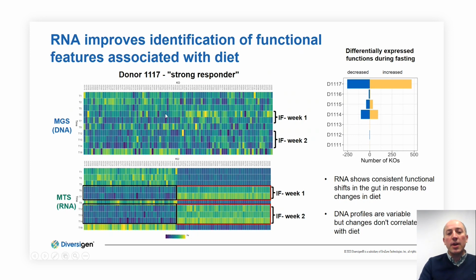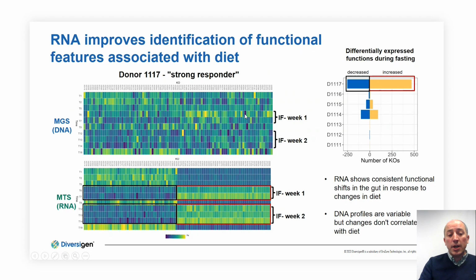Each time point has differential relative abundance for some of these functions, but there's no strong correlation between those changes and the diet. You see the first two fasting days are here, and then the next three are here, and it doesn't seem to give any particular pattern.